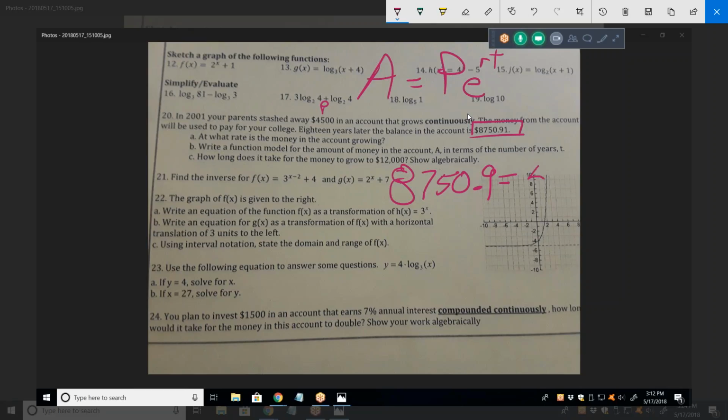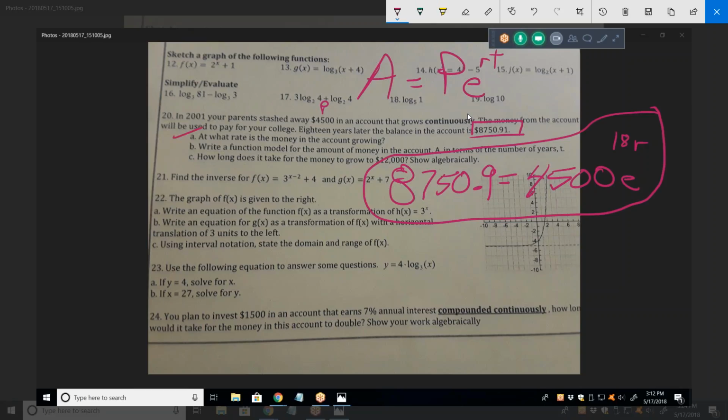P, which is 4,500. R? No, they didn't tell us what R is. They did tell us what T was: 18. Now I have an equation that only has one variable, R.